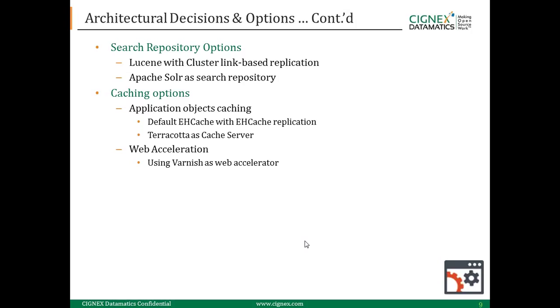For search repository options, Liferay by default has Lucene inbuilt with clustering enabled, so your indexes can get replicated to all your cluster nodes. It also provides integration with Apache Solr. So if you have a Solr server available in your IT infrastructure, you can surely integrate Liferay with Solr.